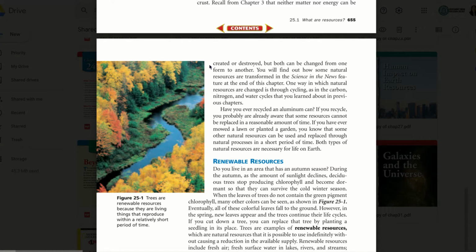You will find out how some natural resources are transformed in the science in the news feature at the end of this chapter. One way in which natural resources are changed is through cycling, as in the carbon, nitrogen, and water cycles that you learned about in previous chapters.